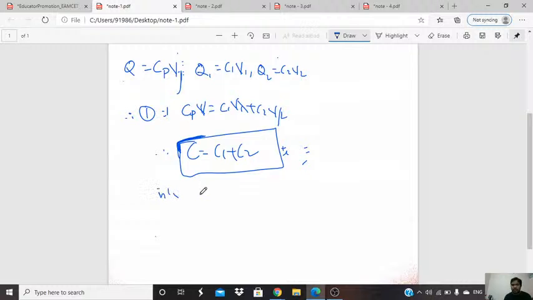So if n number of capacitors are connected in parallel, C equal to C1 plus C2 plus C3 plus so on, Cn.